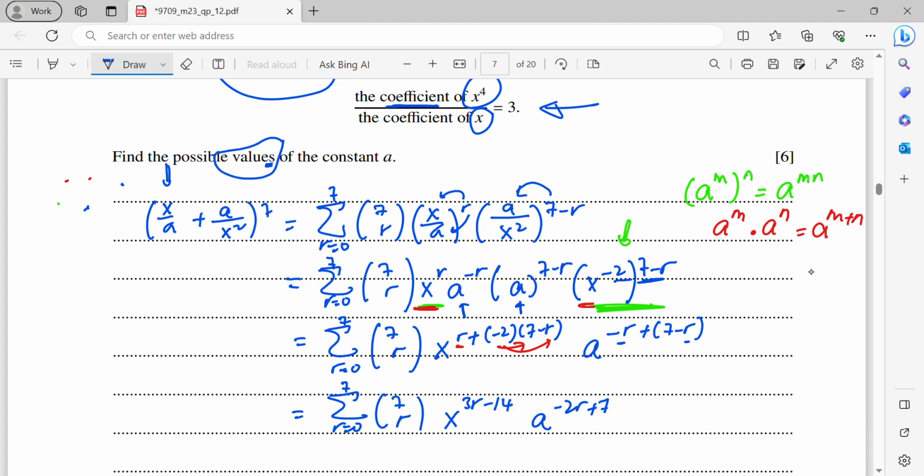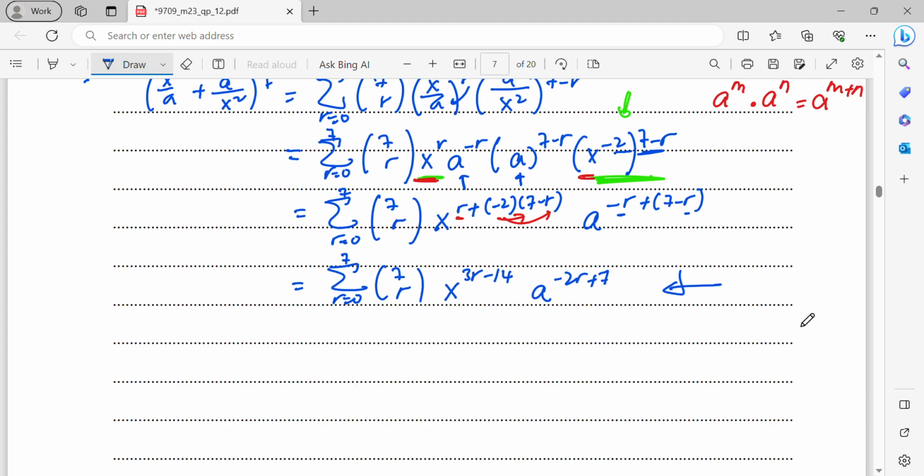Now I can use this form to get the coefficient for x^4 and also x. If I need to get the term with x^4, my x^4 must be the same as x to the power of 3r minus 14.